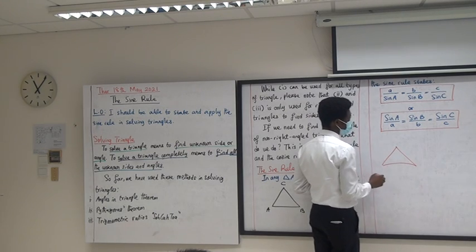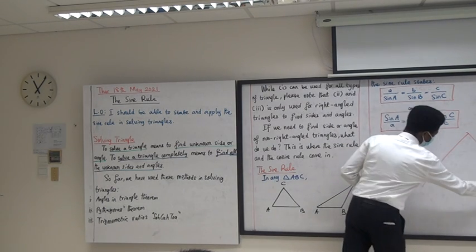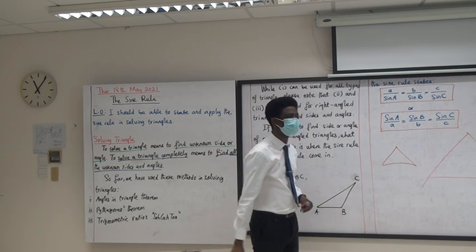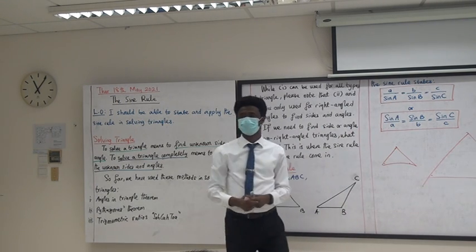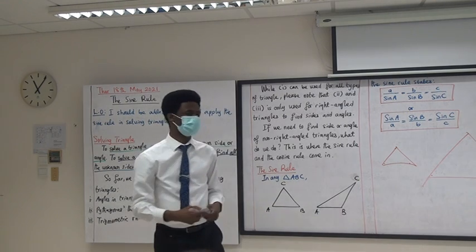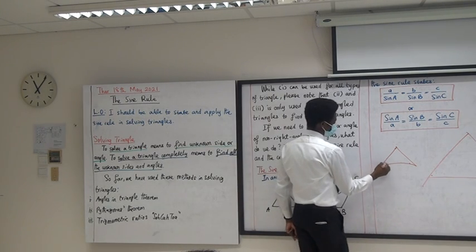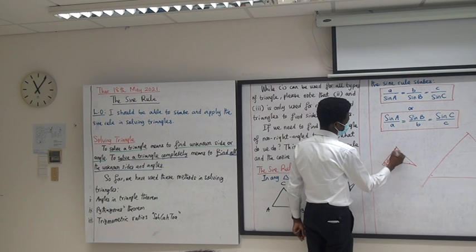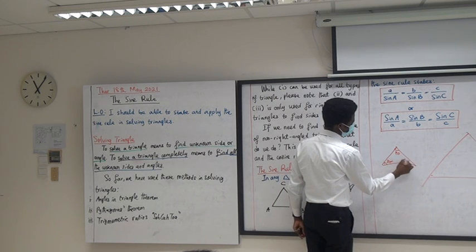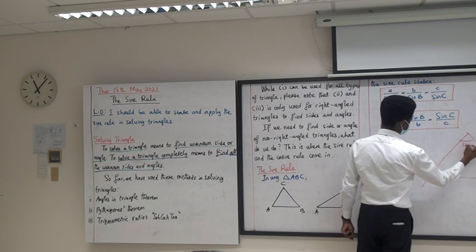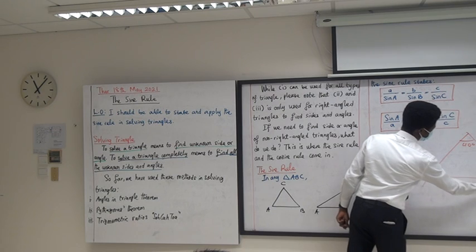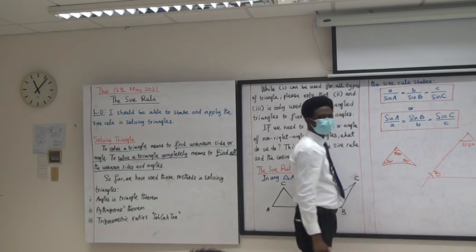So, I can have an enlargement of the same shape, and the angles will still remain the same. Okay? So there is no way I'll give you a question like 30, 40, 110, and the sides will be exactly the same thing.